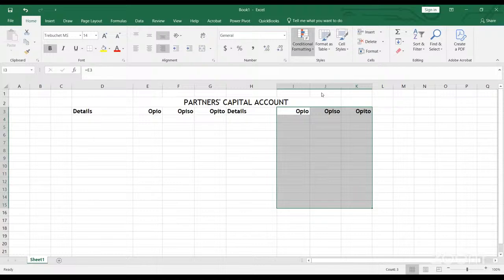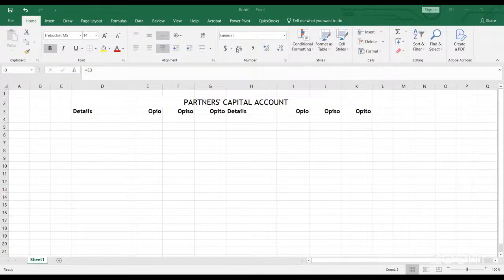So members, whoever is using, they need to close such that we can continue. Okay, members, let us come up with the partners' capital account.